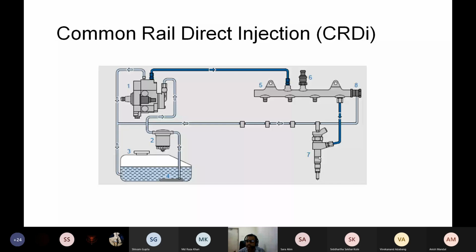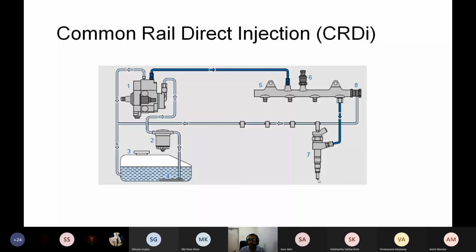But it's not like we can open and close several times, because there are time limitations. This is hardware, and hardware has its own delay time, and the duration in which we have to inject the fuel is also limited. So depending upon the response time of the hardware and the control system, it depends how many fuel injections we can have in one cycle.